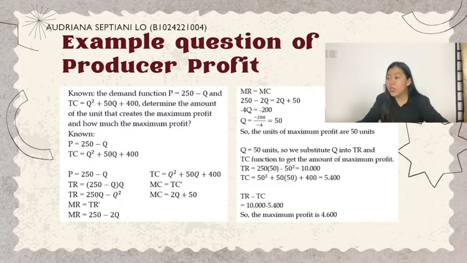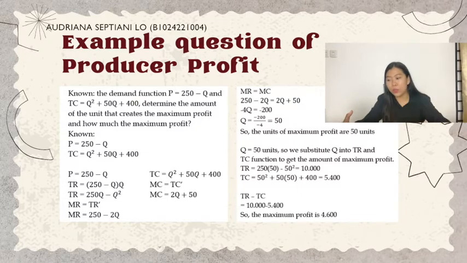So it is 250 minus 2Q equal to 2Q plus 50, minus 4Q equal to minus 200. Q equal to minus 200 divided by minus 4 and the result is 50. So the units of maximum profit are 50 units. Q equal to 50 units.